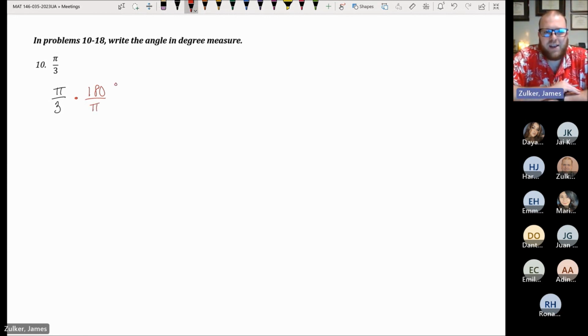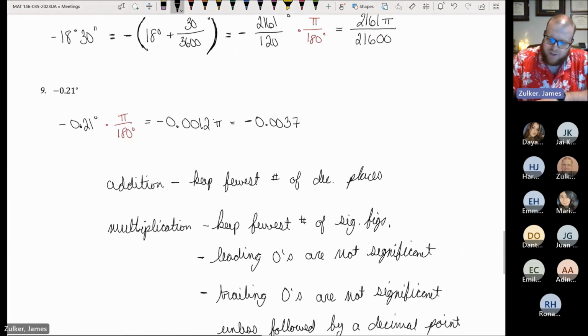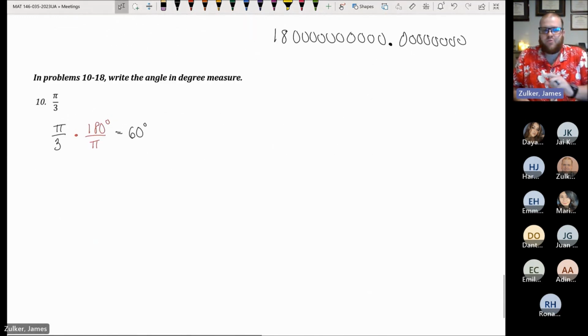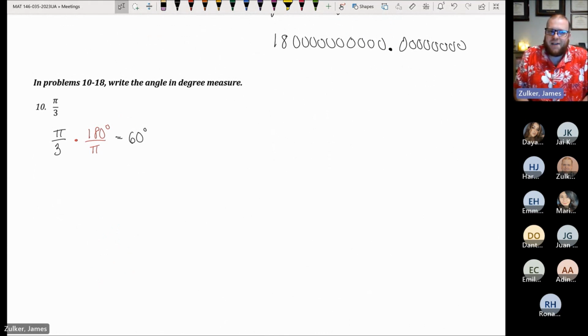So we multiply by 180 over pi. So you get 180 over 3. This is 60 degrees. Now again, notice, in the previous problems, I didn't write out radians, because radians technically are unitless. Degrees are not. You have to write 60 degrees.